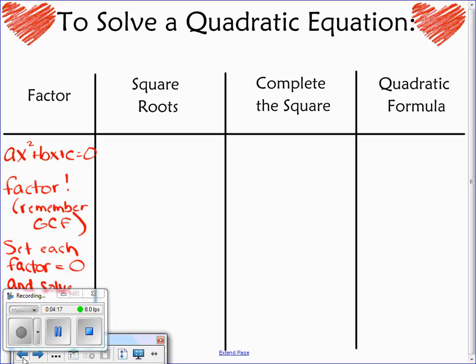So step 1 is to isolate the x squared. If it's 4x squared, is that isolated? No. It needs to be completely, totally by itself, just x squared equals whatever else. So you're going to isolate the x squared. After you do that, you will take the square root of both sides.